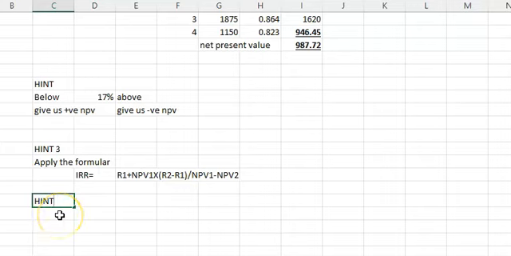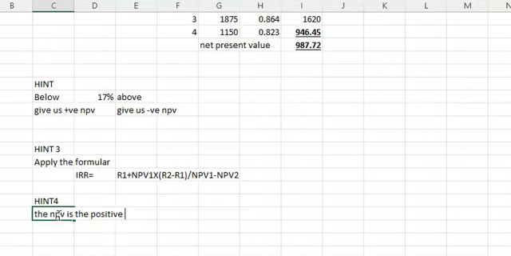Now, I want to put another hint here. Hint number 4 is that the NPV1 is the positive NPV, not the one we first calculated.